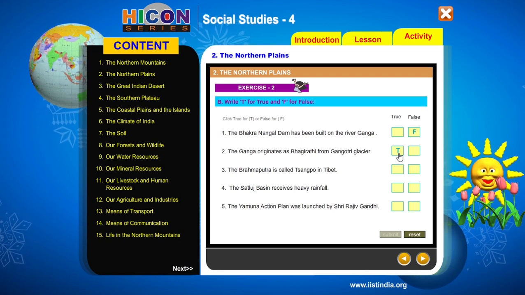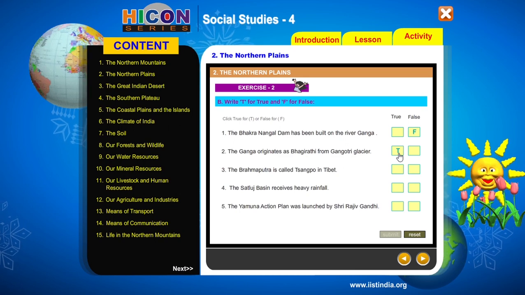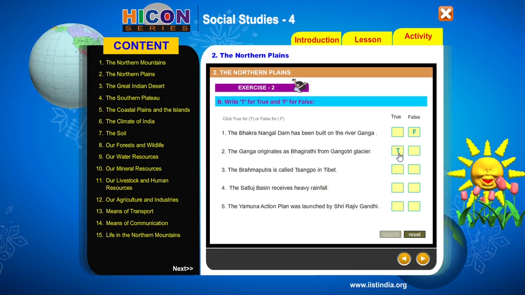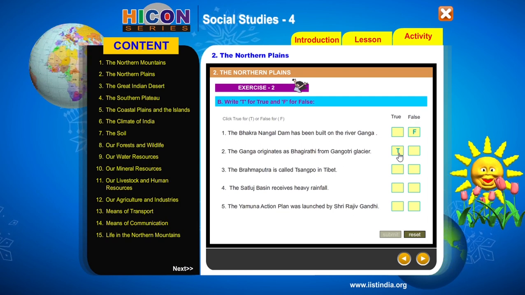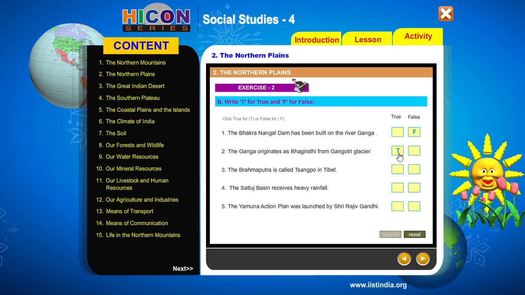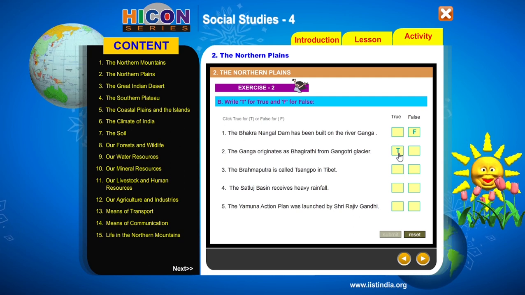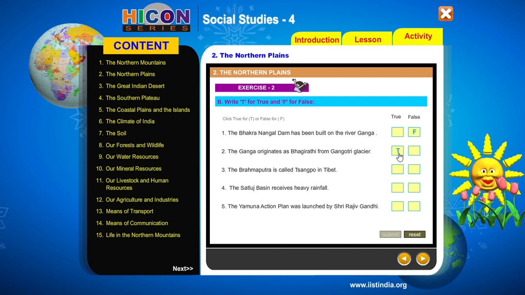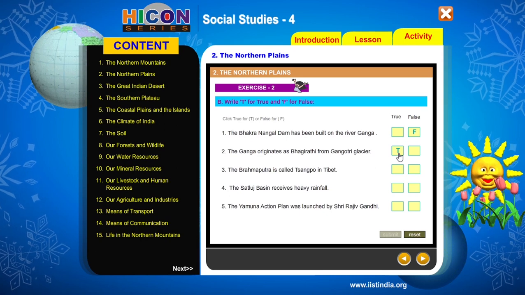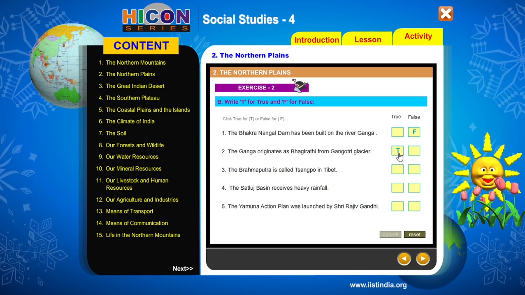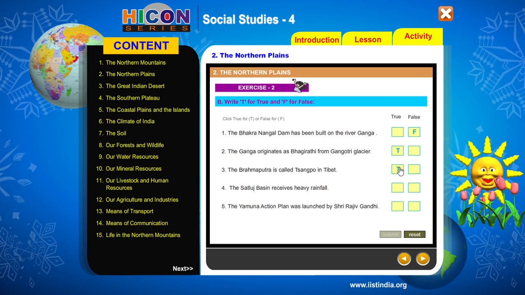Yes, it's true, because Brahmaputra river originates on the northern side of the Himalayas, in Tibet, right? And from there it flows eastwards, and throughout Tibet, the river Brahmaputra is called Zangpo, right? So we mark this sentence as true.